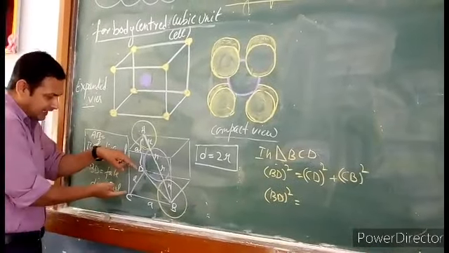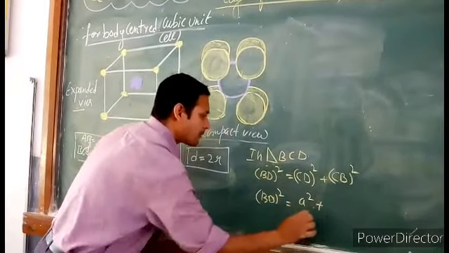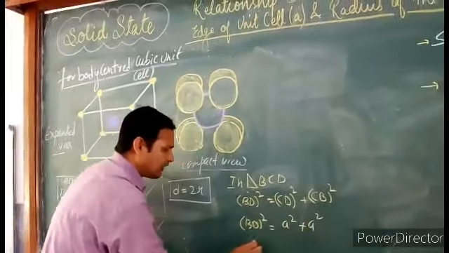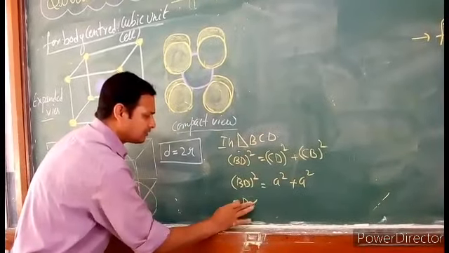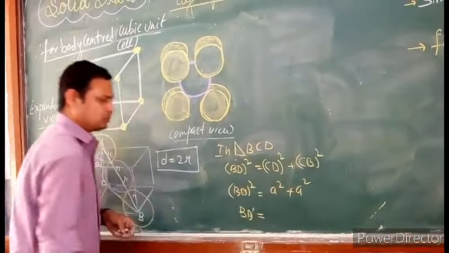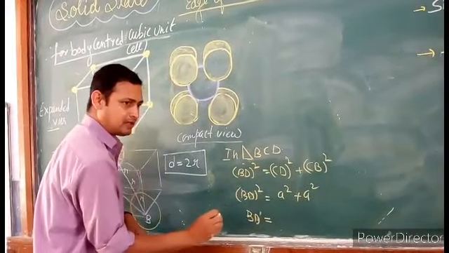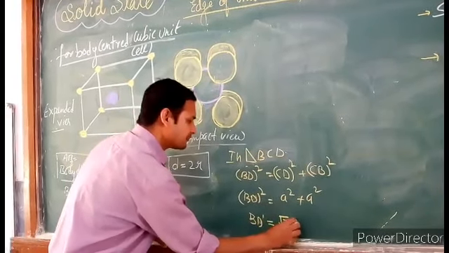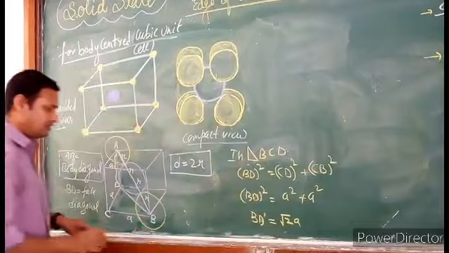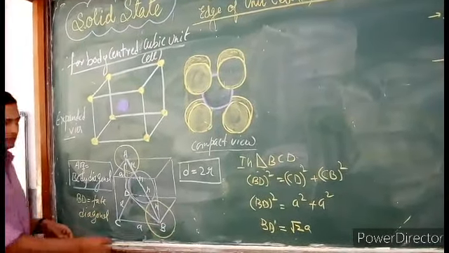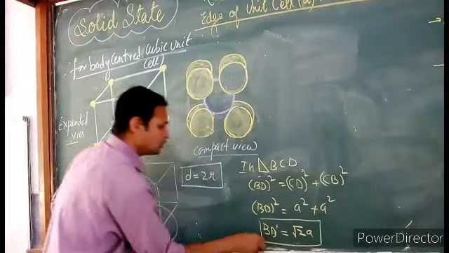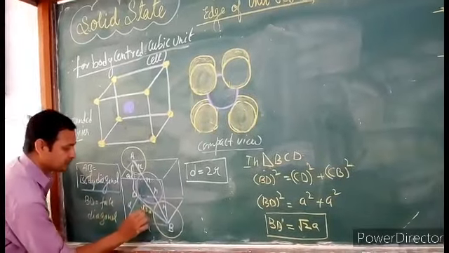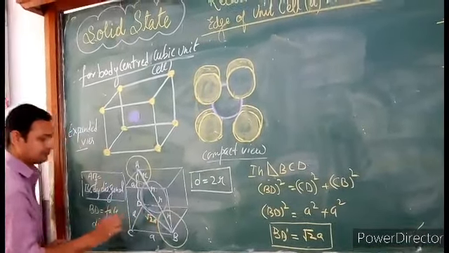What is CD? This is the edge length, that is a. And CB is also the edge length a. So BD equals root of 2a square, which is root 2 a. So the value of the face diagonal comes to be root 2 a.